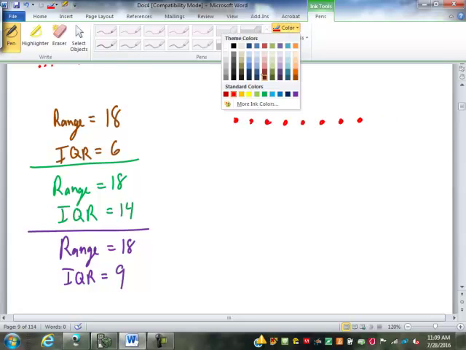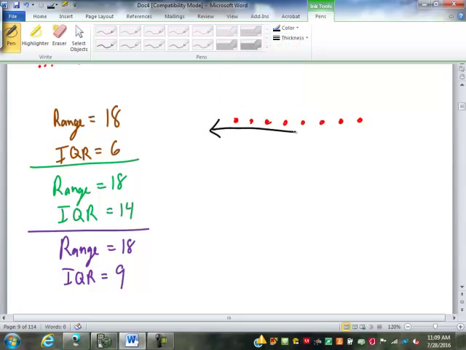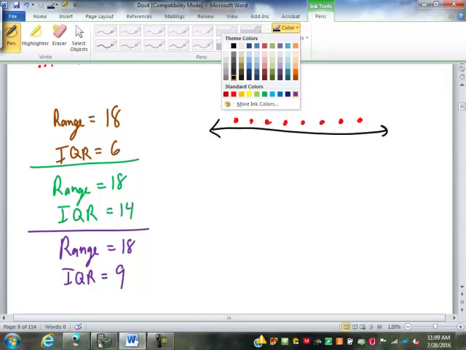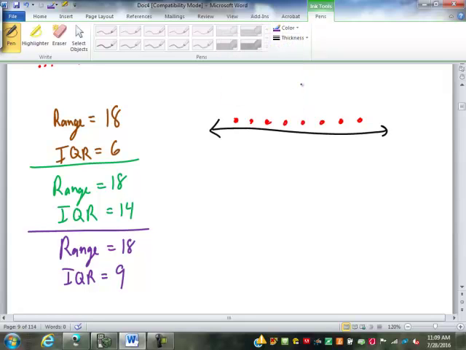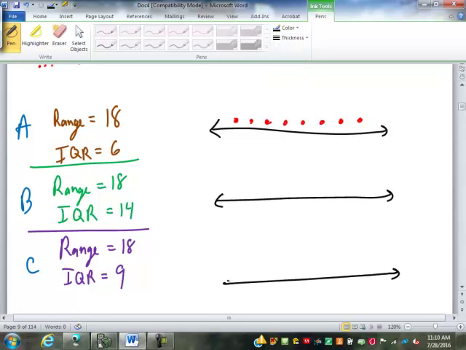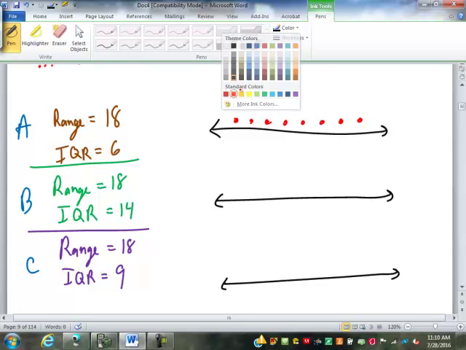So let's say I do my number line, and I graph my points, and they come out to look like that. Which of those three would I expect that to be? A, B, or C? They're perfectly evenly spaced like that. Well, let's do another one. Let's draw them all out so you can match.